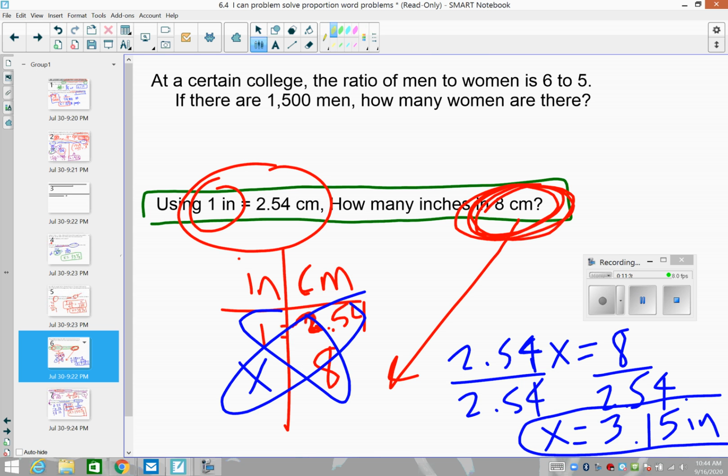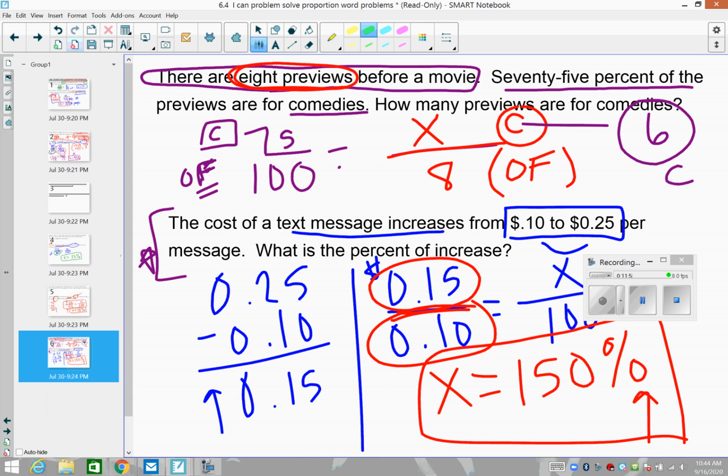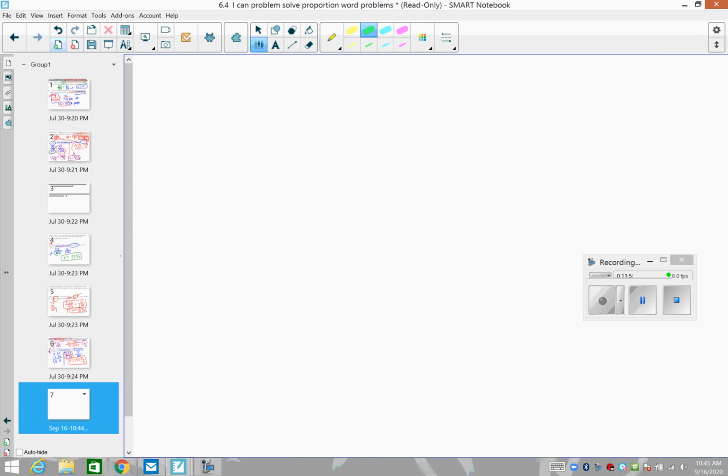So we're asked in the original question, how many inches is 8 centimeters? We would say it's 3.15 inches, simply by using a t-table and cross products. So our summary for today is we just need to be able to set up any sort of proportional situation.